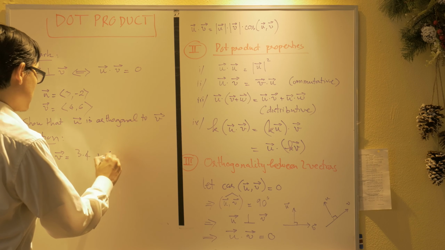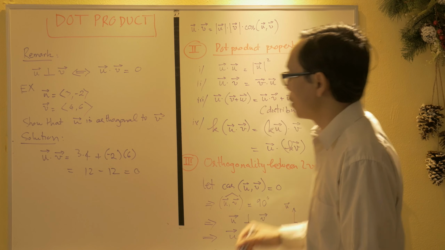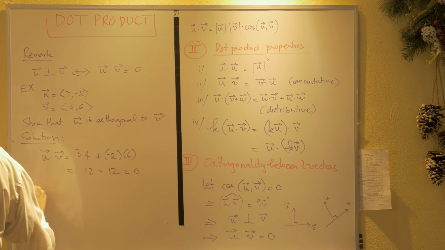With the second definition of the dot product, you see that we can also find the angle between two vectors easily if we know the dot product and we know the magnitudes, right? So I'm going to put another remark here.